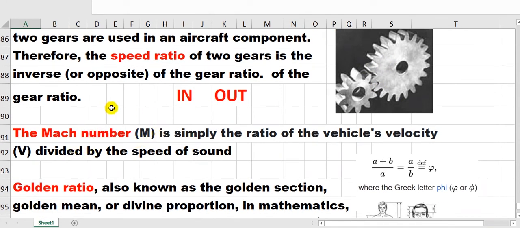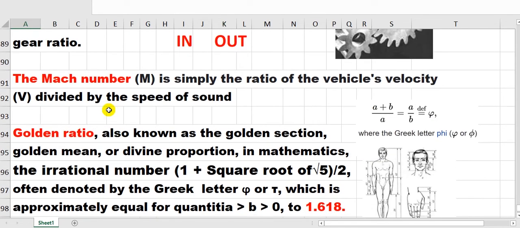An aircraft also has the Mach number. The Mach number is simply the ratio between the velocity of the vehicle or plane or rocket and so on, divided by the speed of sound. Okay?